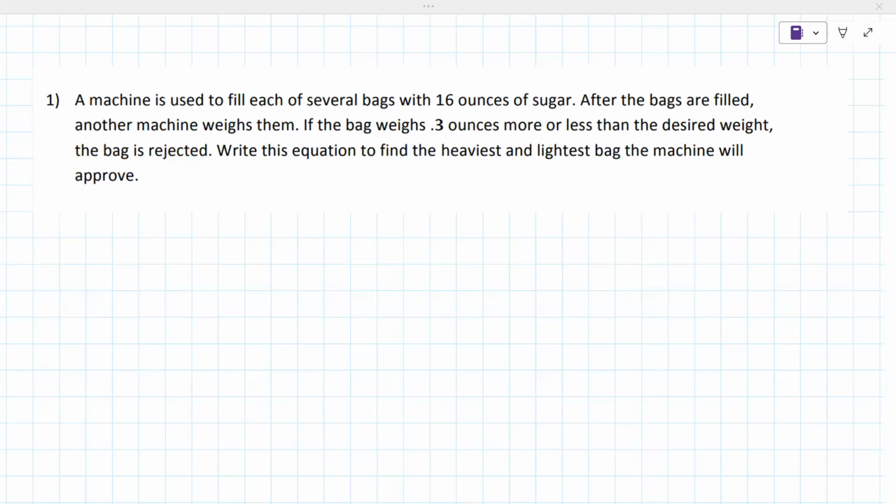Oh, so it'd be a line between 15.7 and 16.3 with closed dots. Yes. First thing is I want the equation or the inequality in this case. You're giving me the correct graph, but we need the equation for the inequality.